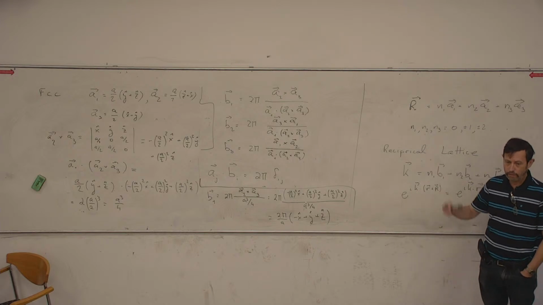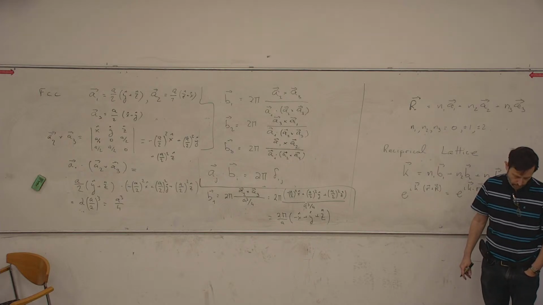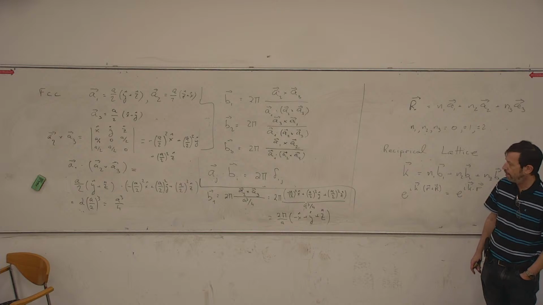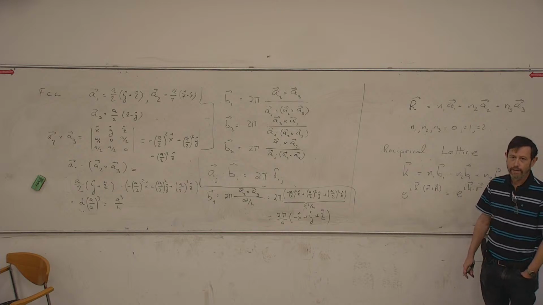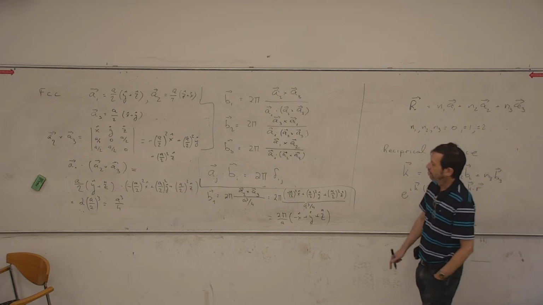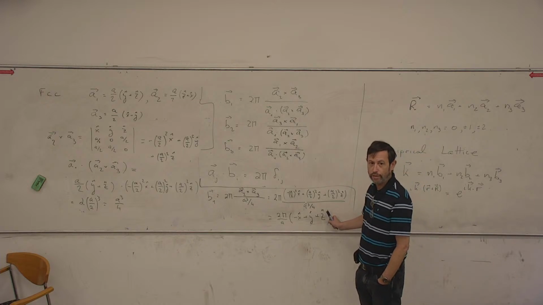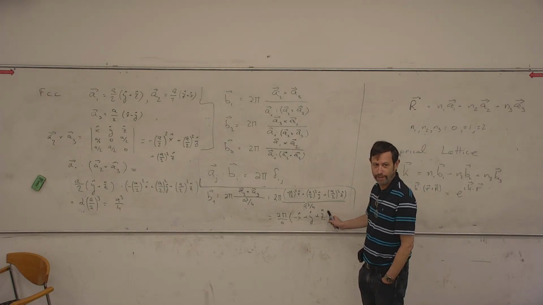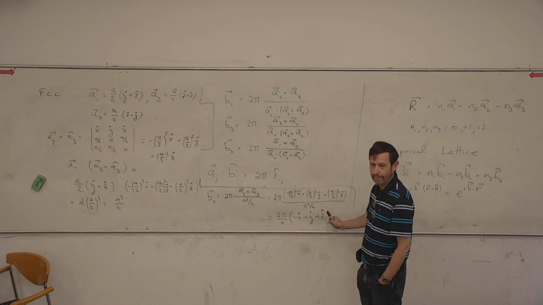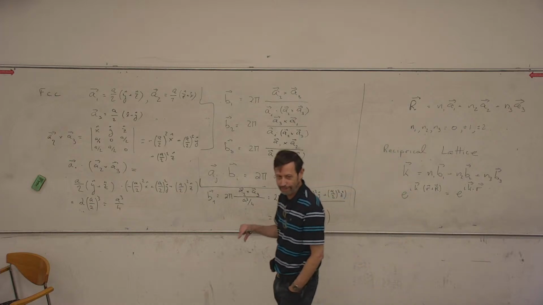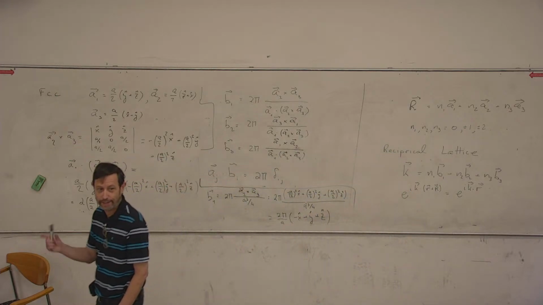Okay, and I can go and do the same for B2 and B3. And someone recognizes these vectors? BCC. It's BCC. So the reciprocal lattice of FCC is BCC.